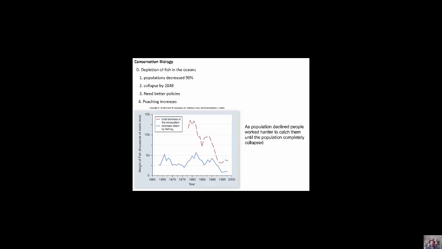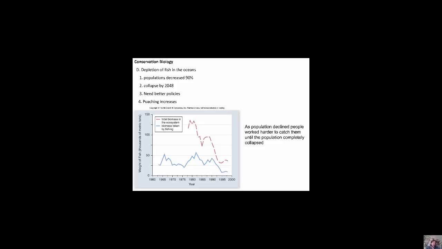Okay, so on to even more depressing, which is depletion of fish in the oceans, right? So fishing, commercial fishing is a major industry, right? We are relying on fish as a major food source.